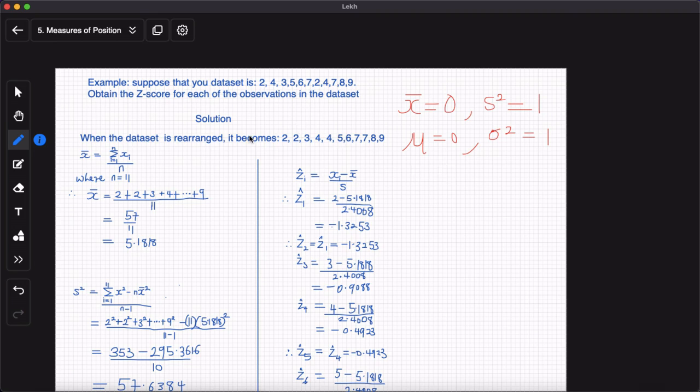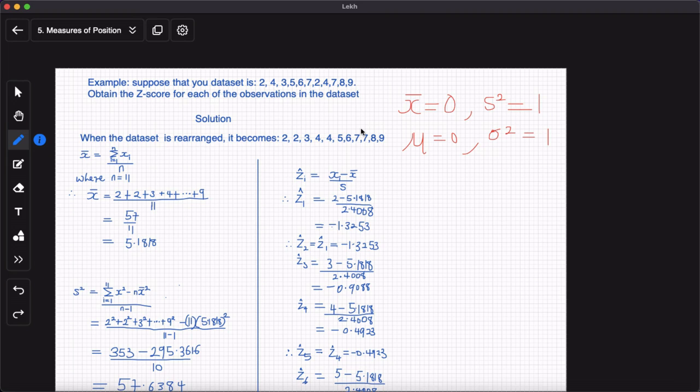Usually, somehow you will be told that the data you have is from a population or from a sample. But if you're not told whether it's a population or sample, you can go ahead and use that of the sample. So that's it.